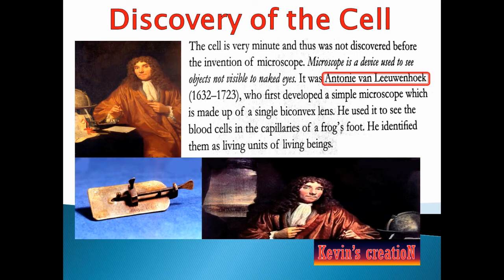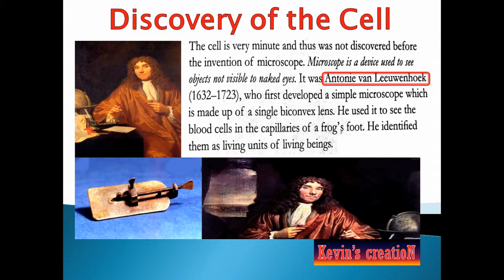Here you can see the microscope also, which was made up of only a single biconvex lens. And he also tried to see things like the blood cells in the frog foot. He identified them also as living units of living beings. But it was not Antony von Leeuwenhoek who told that these are the cells.